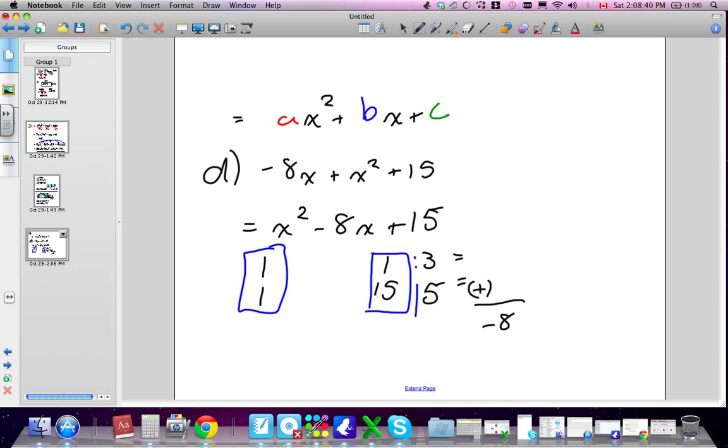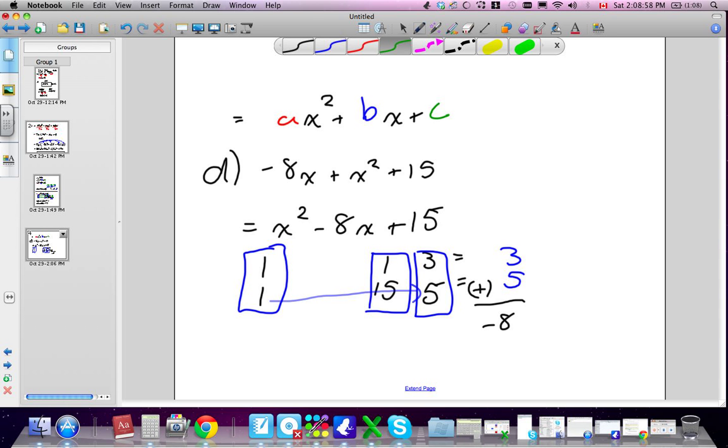3 and 5. Any combination of those work? Kind of, right? Something's missing. Positive 3 and positive 5 don't work, right? I'm going to be multiplying these, 3 and 5. Now, what I can do to make them work is I'm just going to put negative signs on them. Which means these two columns, I'm going to put negative signs here. So I'm going to have negative numbers. Now I have to make sure it works.